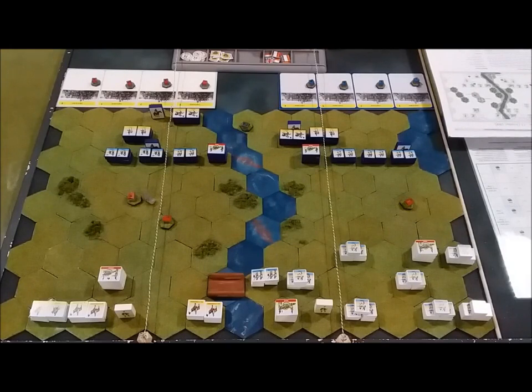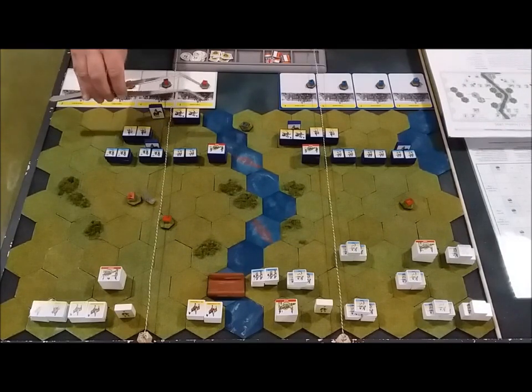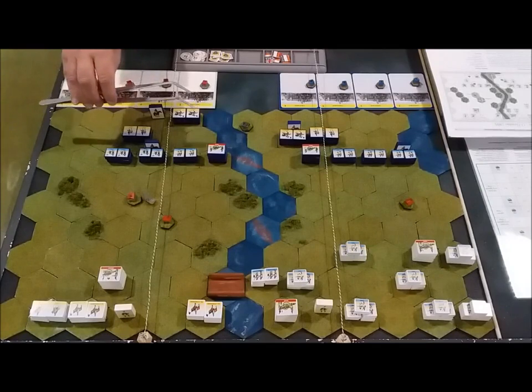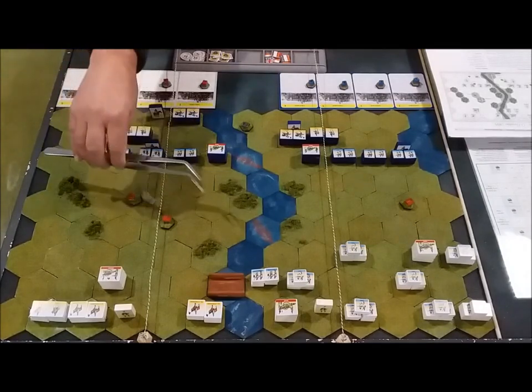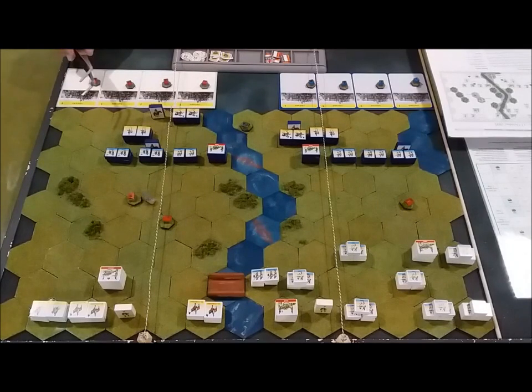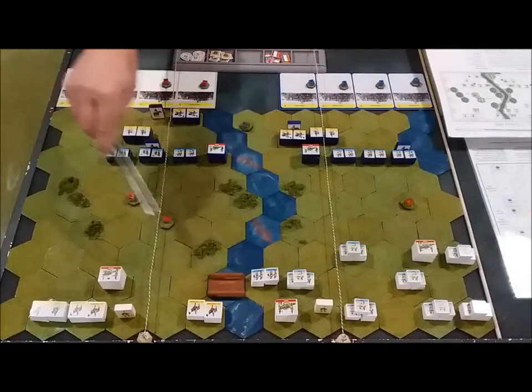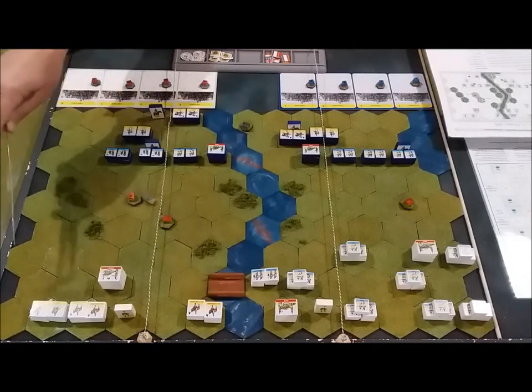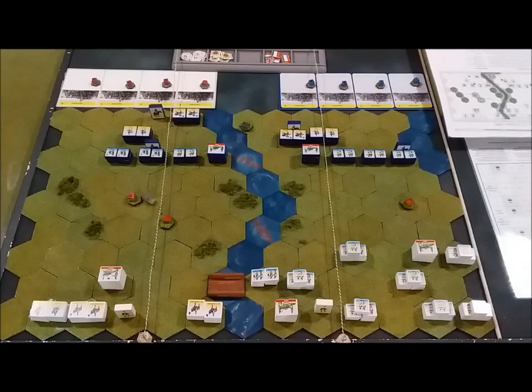So historically, we're going to try and move the light units forward into the town areas if we can, before the Austrians can come forward. There are no infantry units, as you can see, on the Austrian left flank.